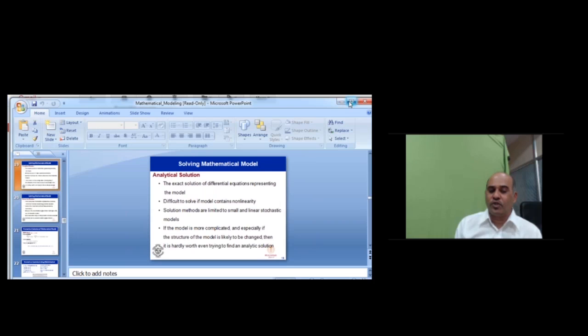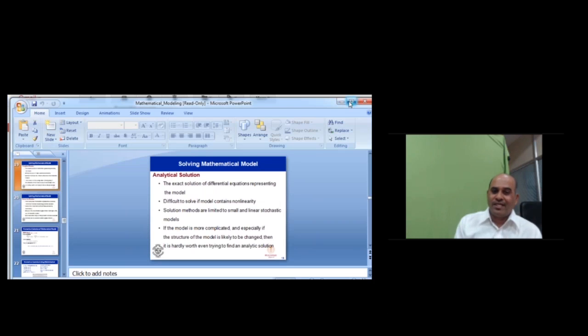If the model is more complicated, and especially if the structure of the model is likely to change, it is hardly worth even trying to find the analytical solution. So my suggestion is don't go with the analytical solution. For any type of model equations you obtain, let us go with some numerical way of solving the model.